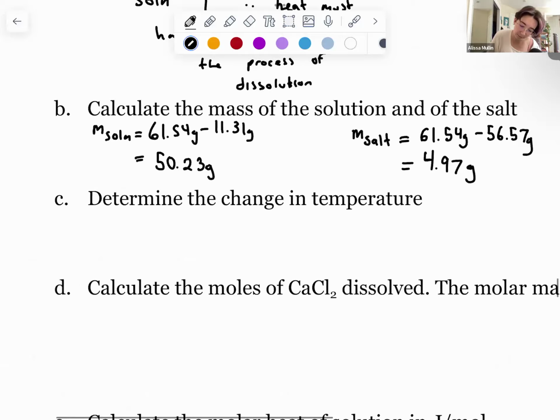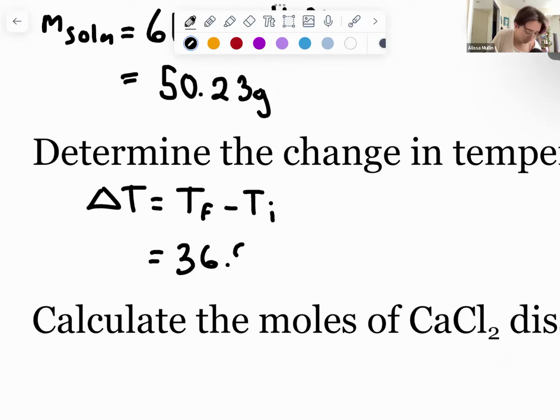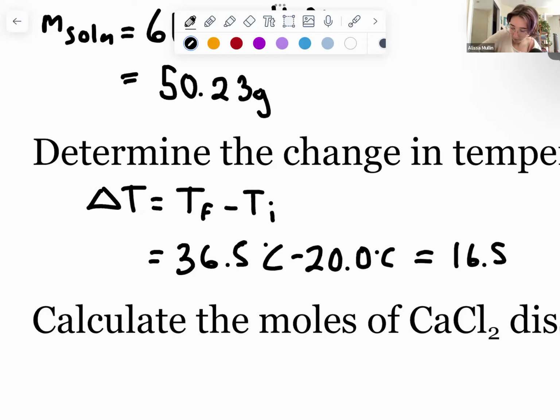Okay, to determine the net change, delta T is always the final minus initial. So the change in temp was 36.5 degrees Celsius minus 20.0 degrees Celsius, which means the change in temp was 16.5 degrees Celsius.